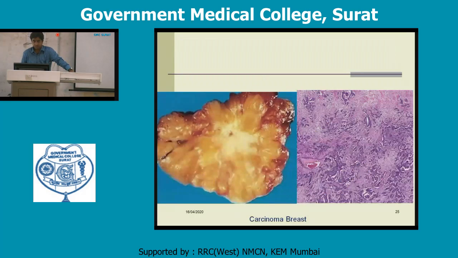This is carcinoma breast, both gross and microscopic image. Here we can very well see that this greyish white lesion is not well defined. It has invaded the surrounding yellowish fatty tissue, and if we take these sections and stain the slides, we can see the presence of tubule formation, nests and other features of malignancy.